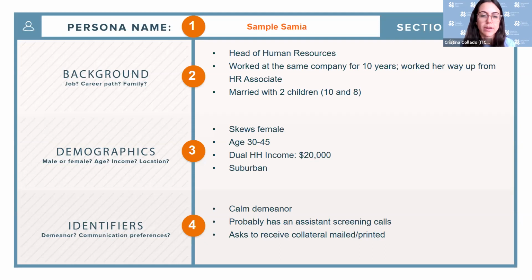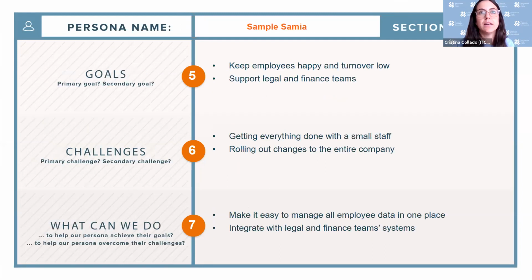She's also quite calm. She has people helping her in her daily work, and it's important that here you add information about her communication preferences. So she likes to have printed information or emailing information. And her goals, that's the next step we need to focus on.